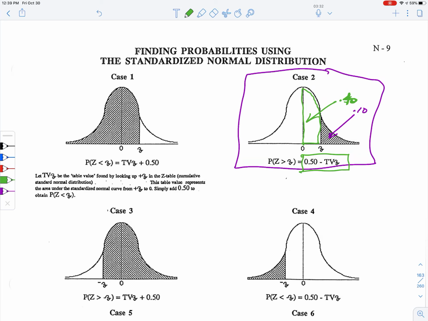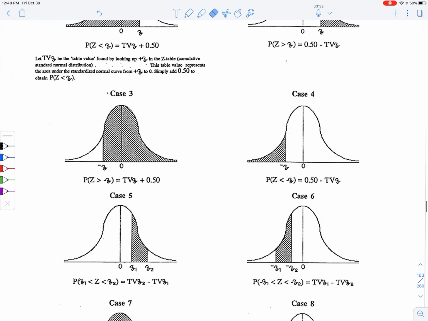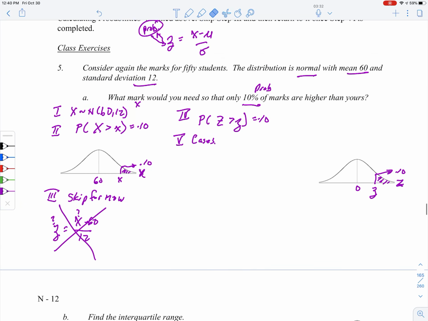So let me go back here and say that this is case number 2. Case number 2 says the probability that z is greater than some little z, which we know to be 10%, is equal to 0.5 minus the table value for z.